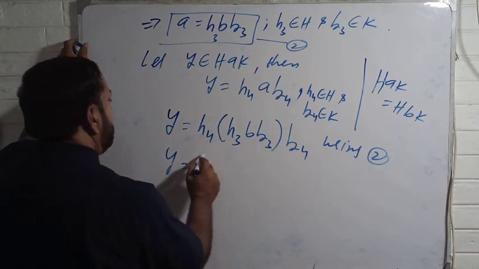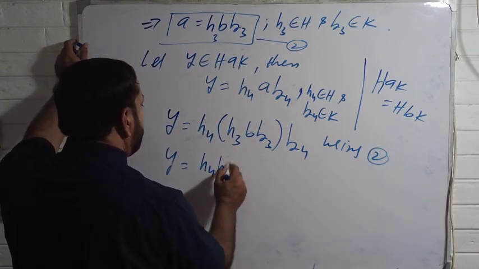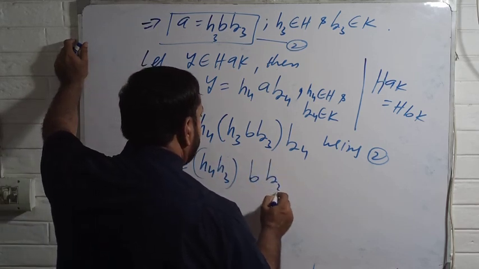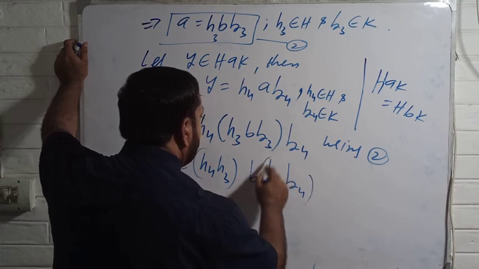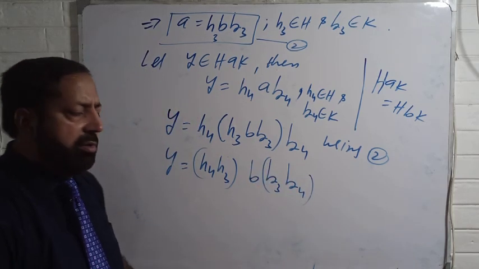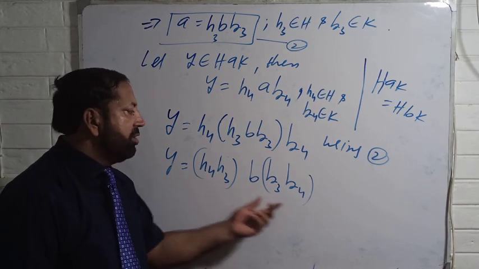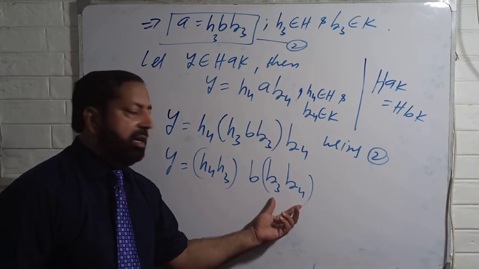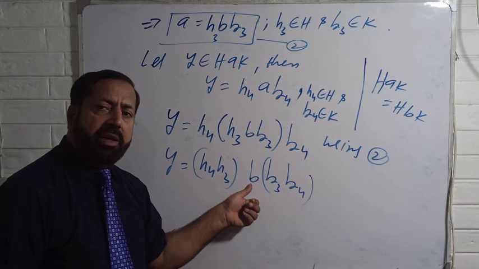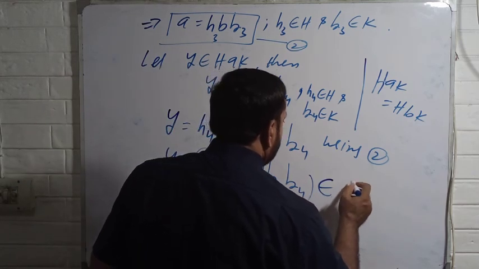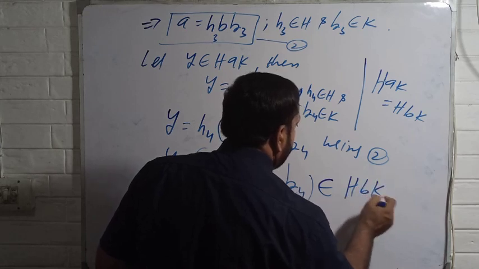So Y is equal to H4 H3 B K3 K4. Now look at this element. This is an element of capital H and this is an element of capital K, and here B is the fixed element. Of course, this belongs to HBK.